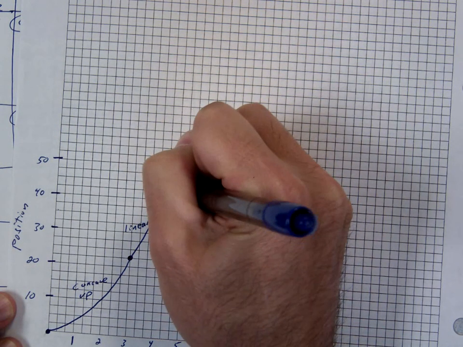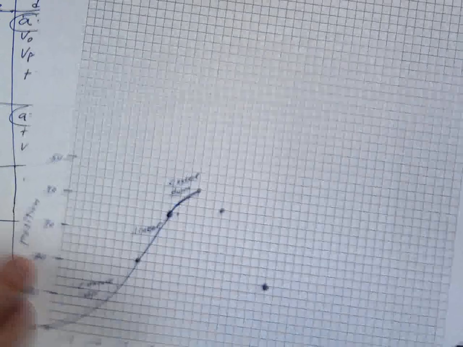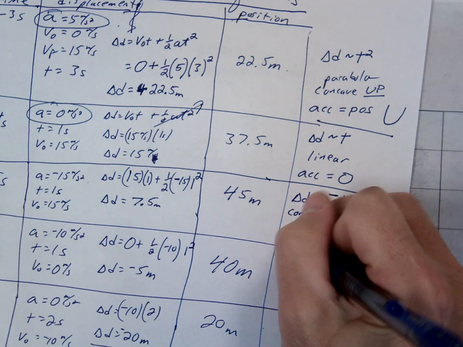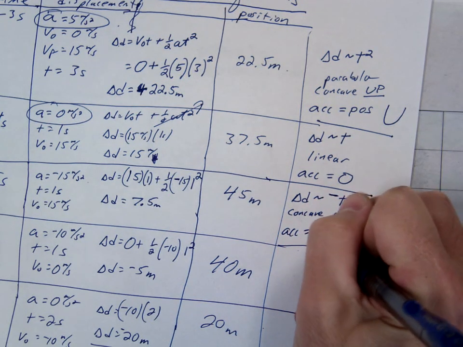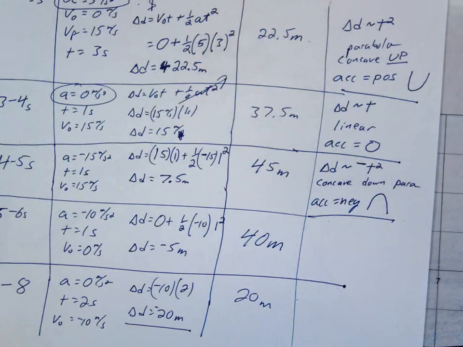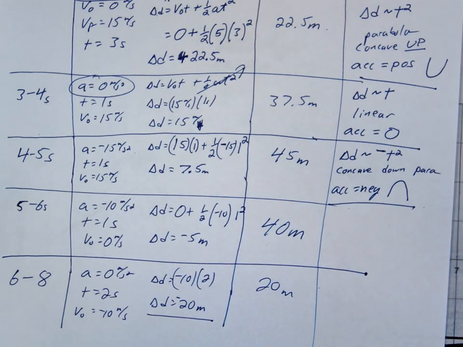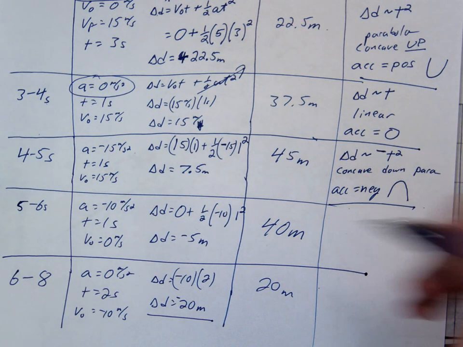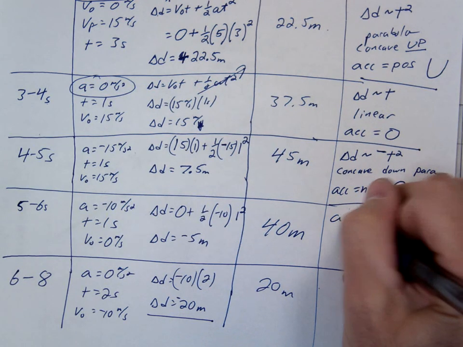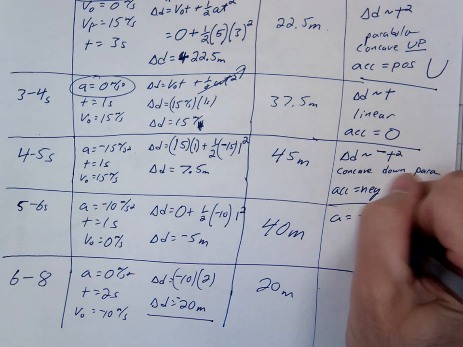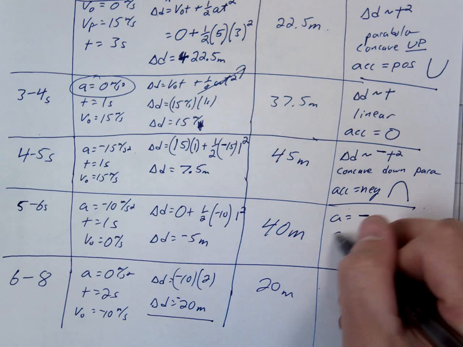Okay, we have 2 more to do. This will always happen when acceleration is negative. Let's do the next one. What's the acceleration in 5 to 6? Negative acceleration. Therefore, what are we going to get? Concave down.